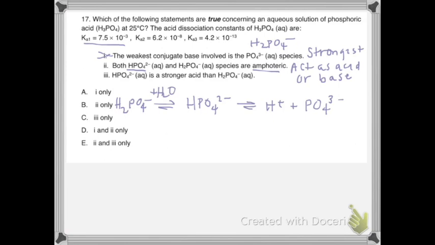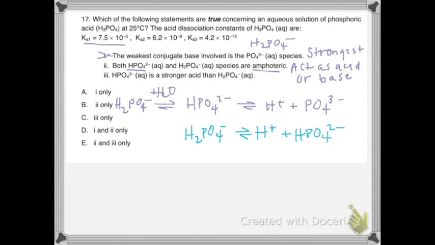And if we apply the same kind of strategy to the H2PO4 minus, we already know from above that we can lose a proton and form HPO4 2 minus.